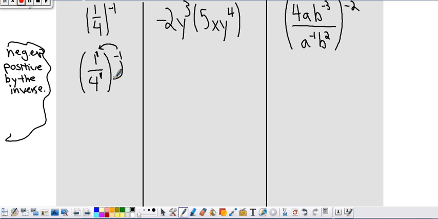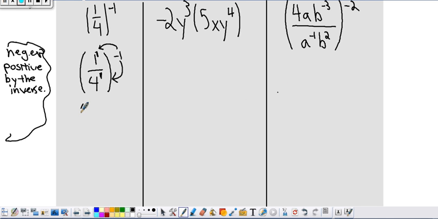As you should recall, if you have an exponent outside of a parentheses, you're multiplying the external exponent with each of the internal exponents for all terms. And we'll see more of that in example 3.